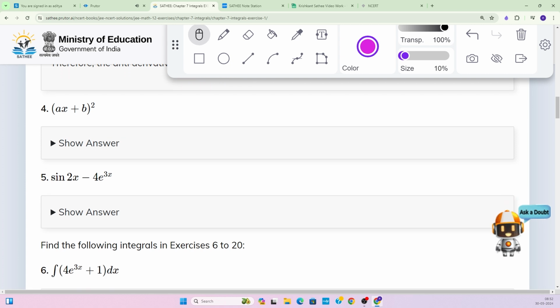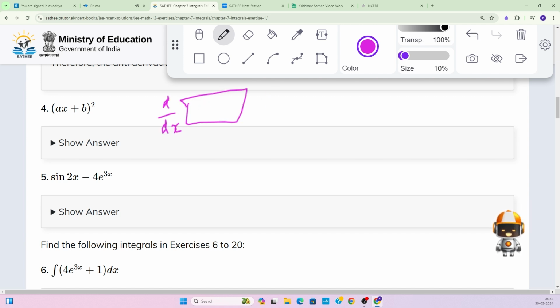Now the fourth problem: (ax + b)^2 is given. This means we have to find what expression we have to write here such that I will get (ax + b)^2. Think: after differentiating you get one less power.